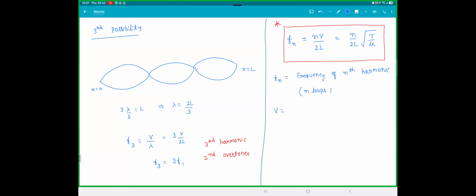V is the wave speed. T is the tension. L is the length of the string. Mu is the linear density.